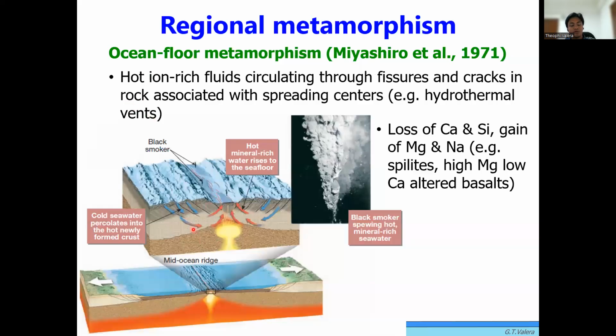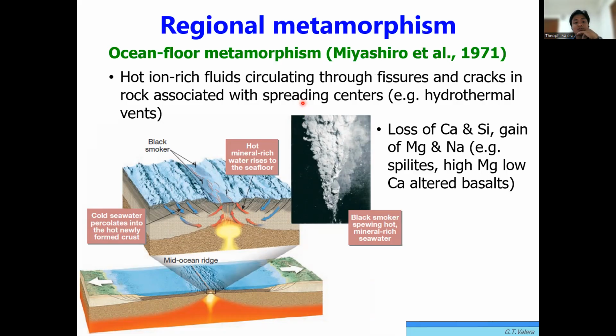You can think of it also as hydrothermal because it involves, of course, seawater percolating or circulating, coming down from these fractures and circulating, getting heated up by the magma and then circulating to the surface, affecting yung rocks, maybe adding some components into the rocks and taking out others. So yun yung action ng hydrothermal metamorphism or metasomatism. This happens when you have hot iron-rich fluids circulating through fissures and cracks in rocks associated with spreading centers.